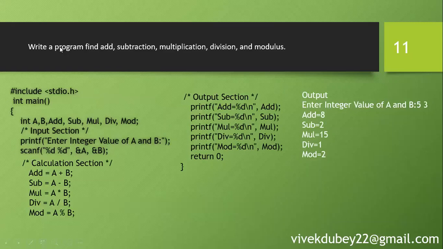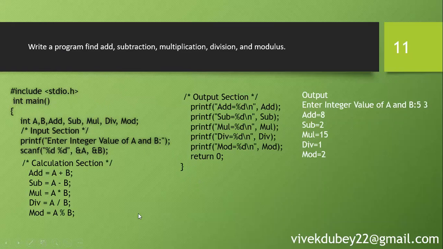Now let us do a practical example in which we have to write a program for addition, subtraction, multiplication, division, and modulus. Start with the link section, include stdio.h, the standard input output header file. Now main is our user defined function which will return int.